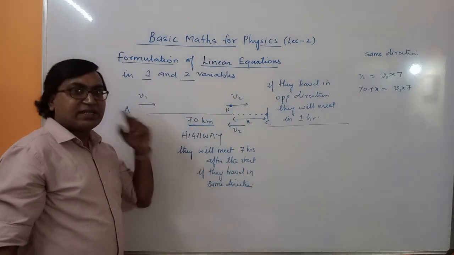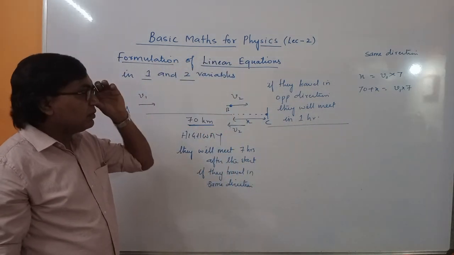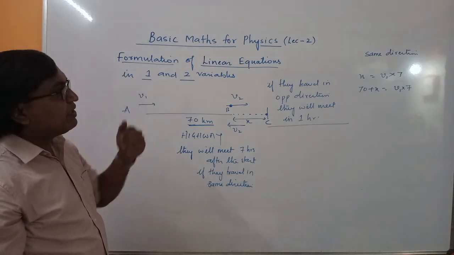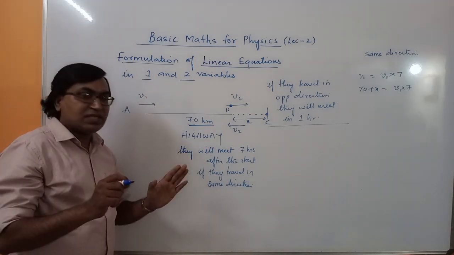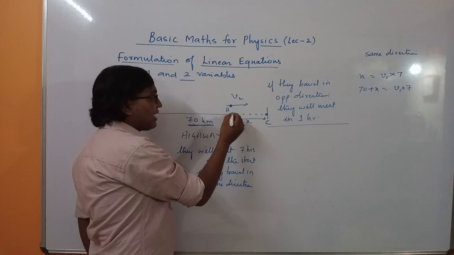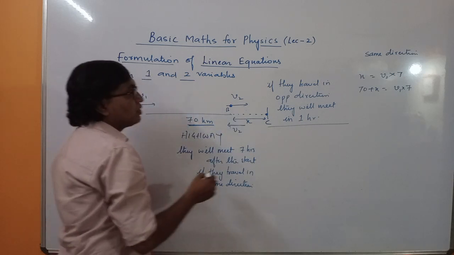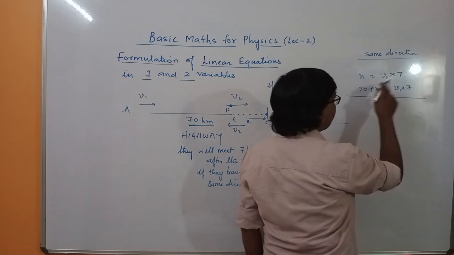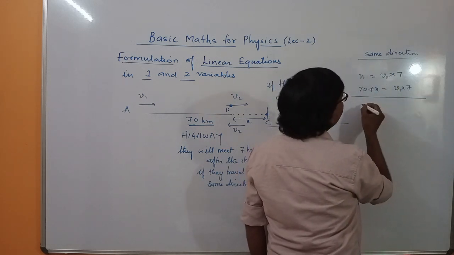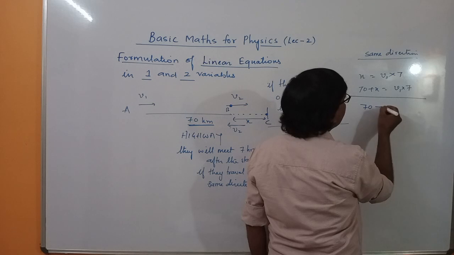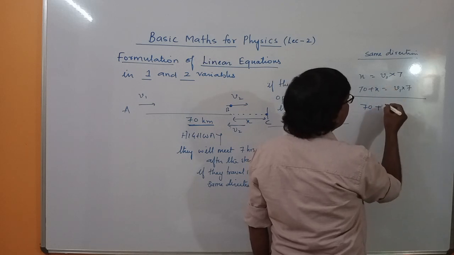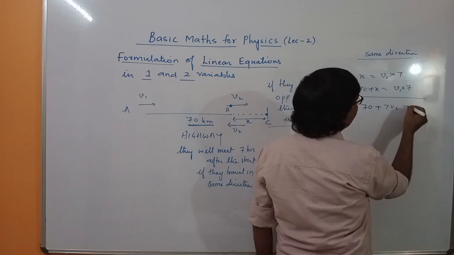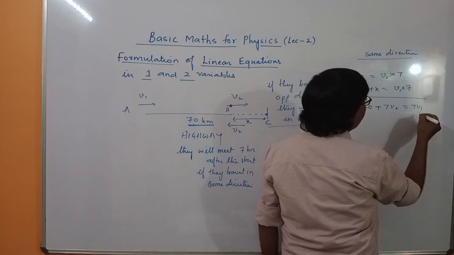Both have started at the same time, so they are traveling different distances with different speeds, but time is the same. So 70 plus x is nothing but 7 v1, and here we have x equal to 7 v2.